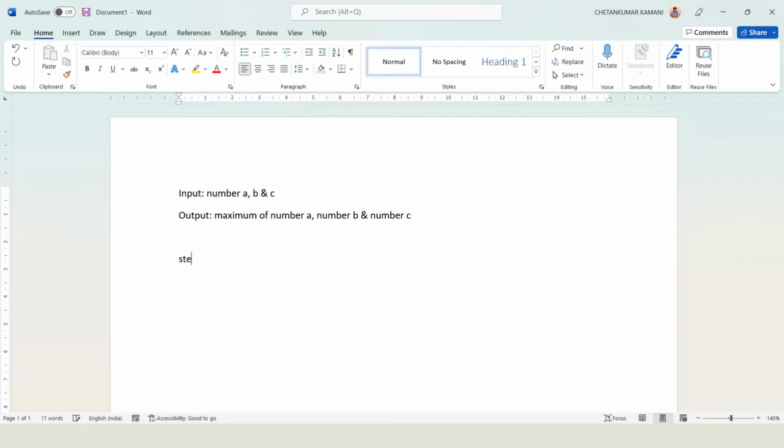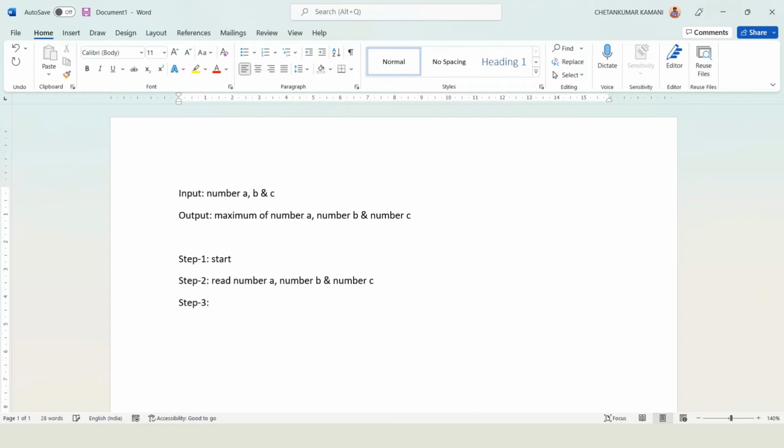Okay, let's start. Step 1: Start. Step 2: Read number A, number B and number C. Let's compare A with B and C simultaneously with a logical operator.